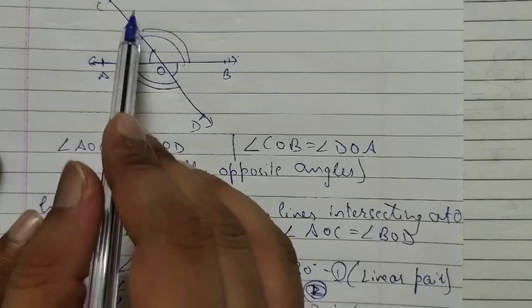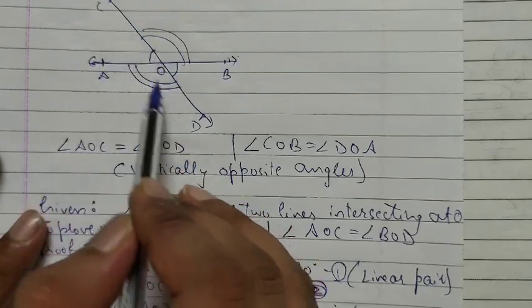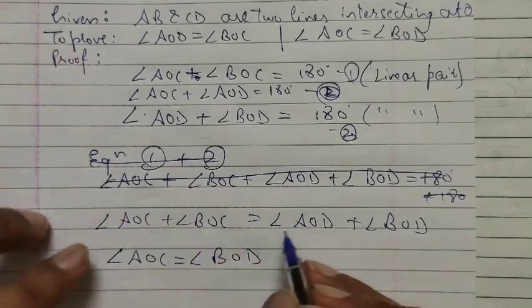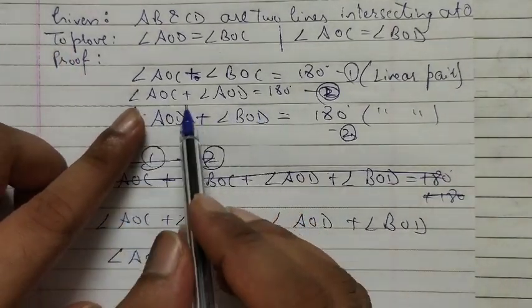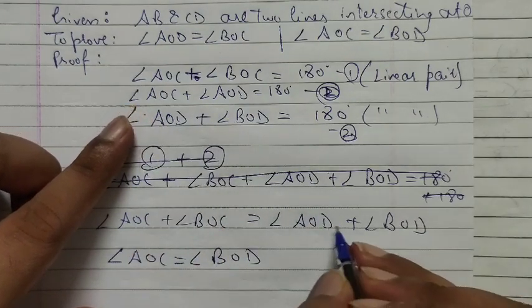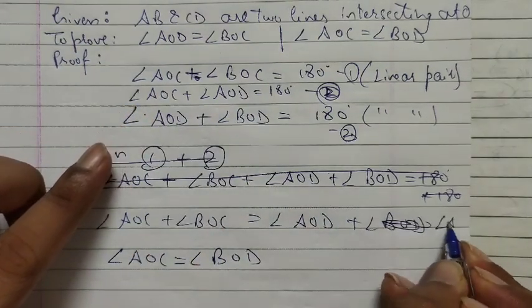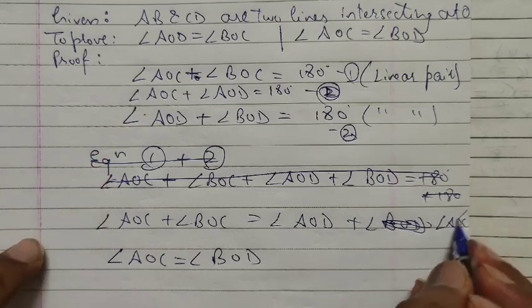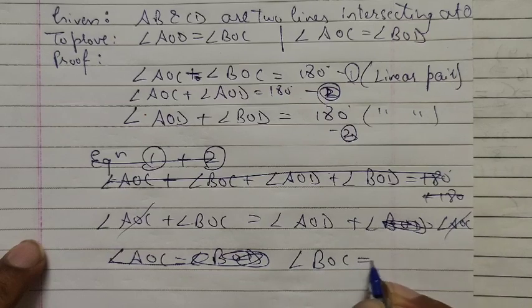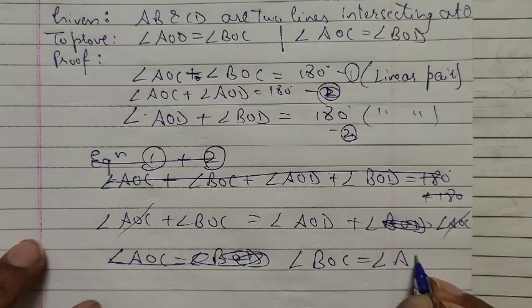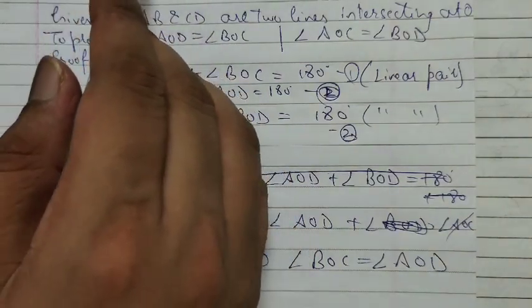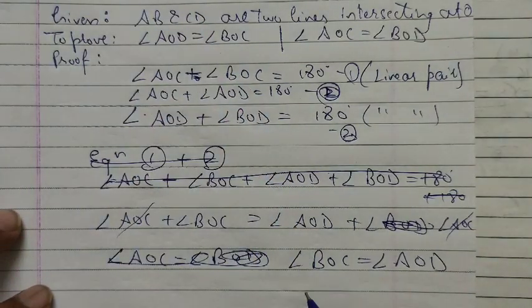AOC plus BOC is 180. AOC plus AOD is also 180, because this is also a straight line. If we compare these two equations, AOC plus BOC is equal to AOC plus AOD. AOC and AOC get cancelled. So what do we have now? Angle BOC is equal to angle AOD. That means vertically opposite angles are equal. Hence proved.